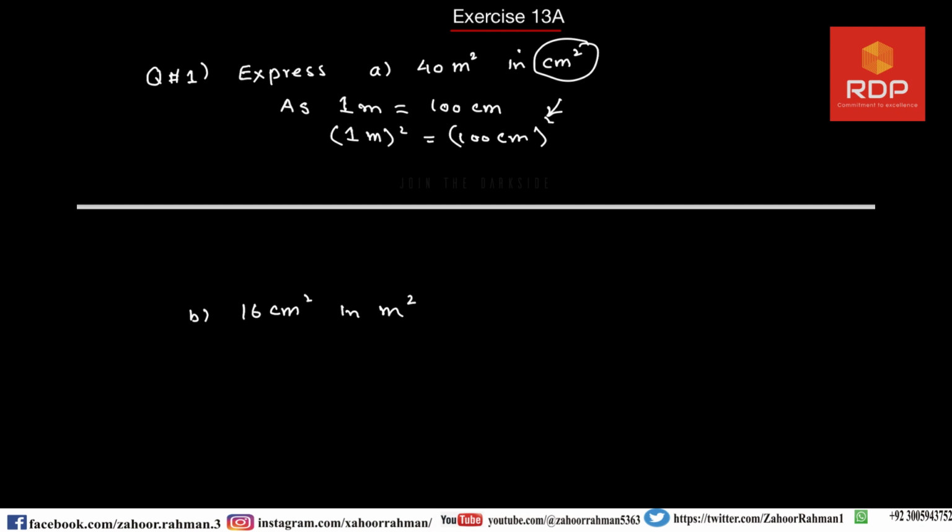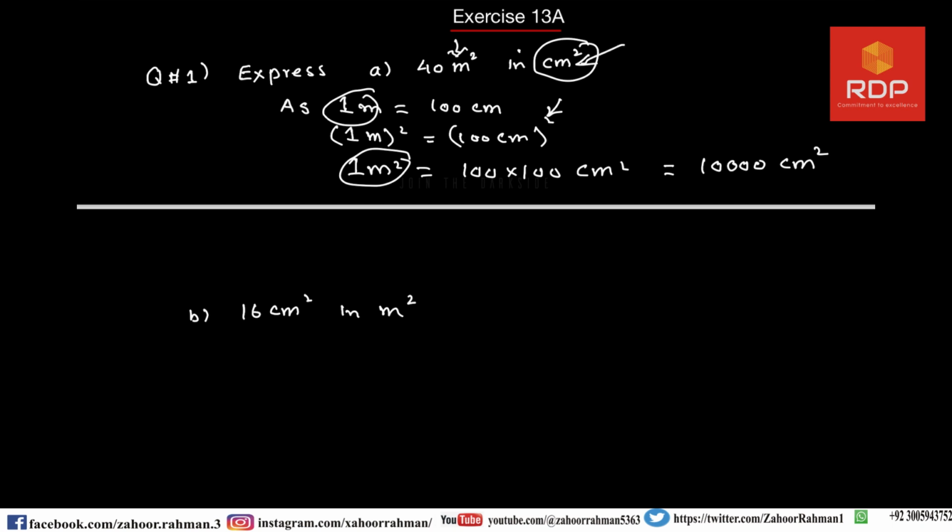Right after that, 1 meter square is equal to 100 into 100 centimeter square, which will be equal to 10,000 centimeter square. So we moved from meter to meter square because the question is given in meter square and they want us to convert it to centimeter square.